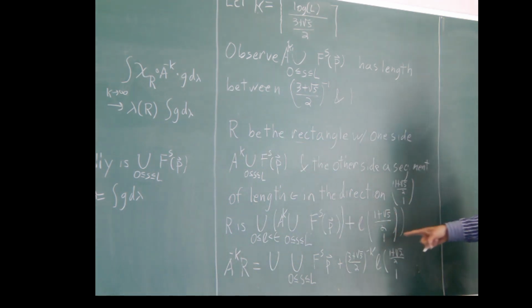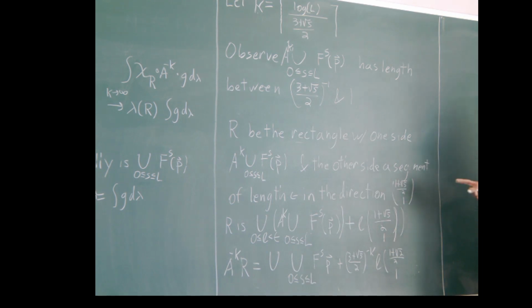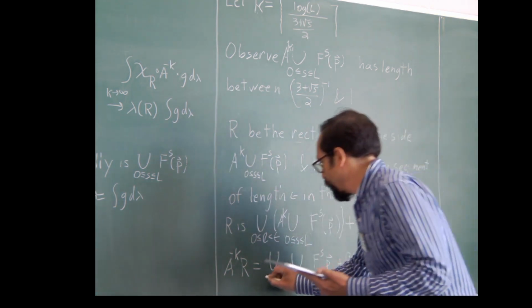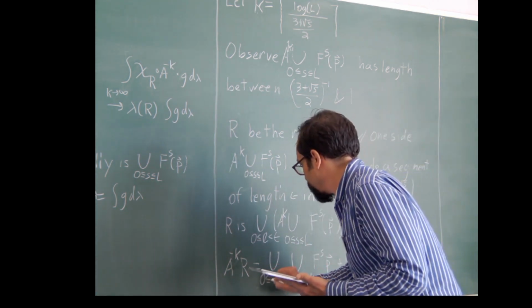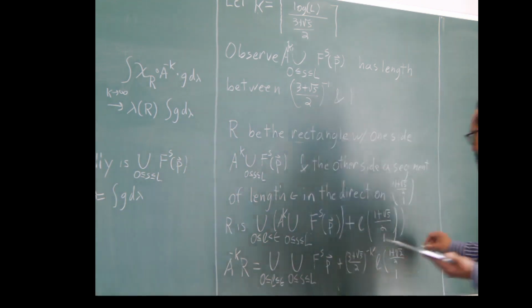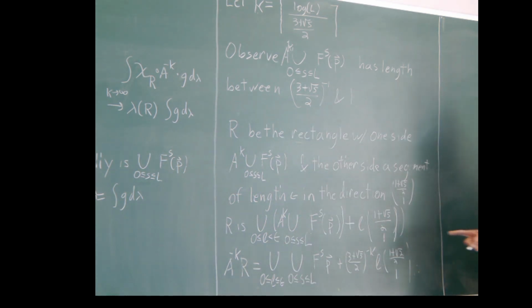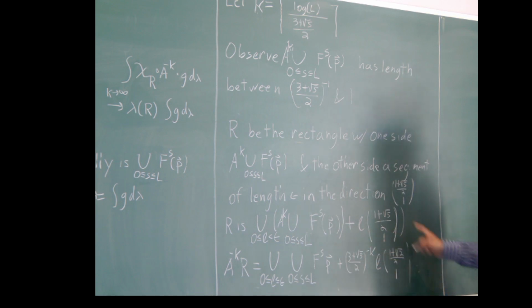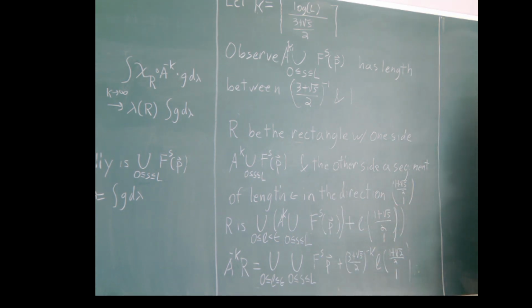This was a vector, not a number. Okay, maybe people already understood that. Sorry about that mistake. And once again, I'm going to take the union from 0 less than or equal to L less than or equal to epsilon. And this is the expression I have. But observe, this is microscopic over here. And in particular, it's smaller than epsilon.